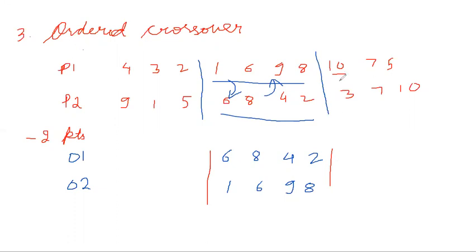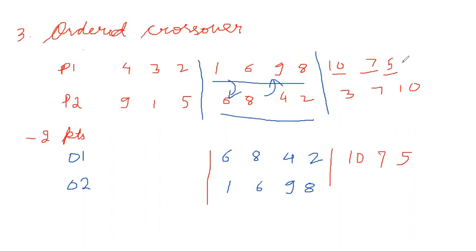This element is not there in the offspring, so I will copy it here. Pretty easy. Coming to the next gene in the same order, 7 is not there, so I will copy it directly. Coming to 5, again 5 is not present, so I will put 5. That was easy.